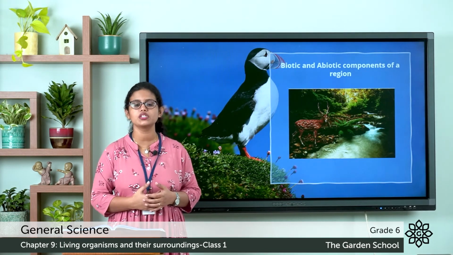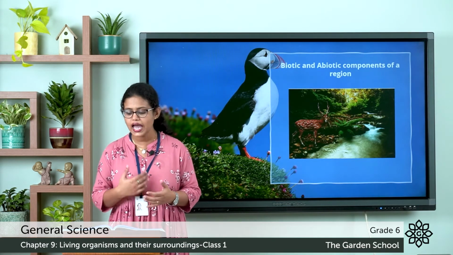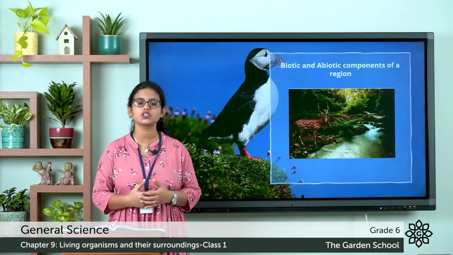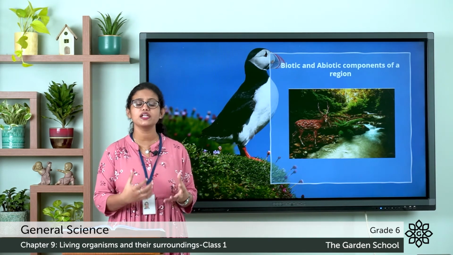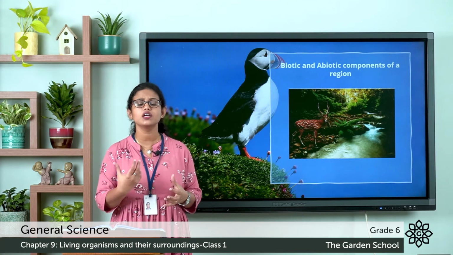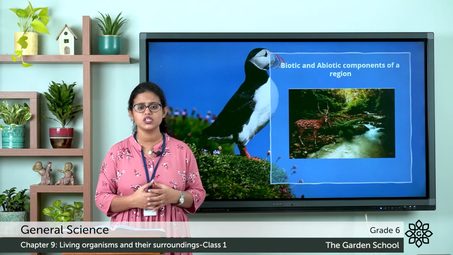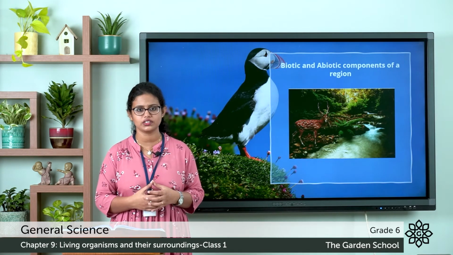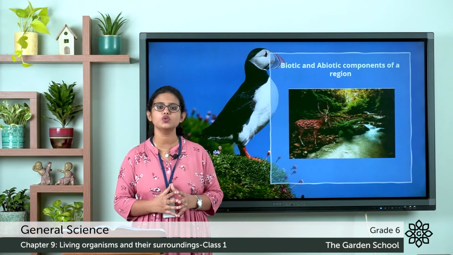The biotic components of a habitat depend on each other as well as on the abiotic components to survive. We know that biotic components means the living components: plants, animals and other living beings. They depend on each other, as well as on abiotic components to live.